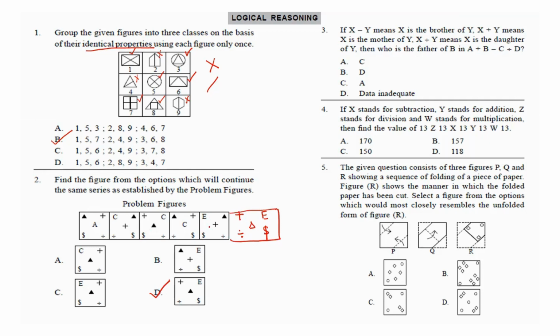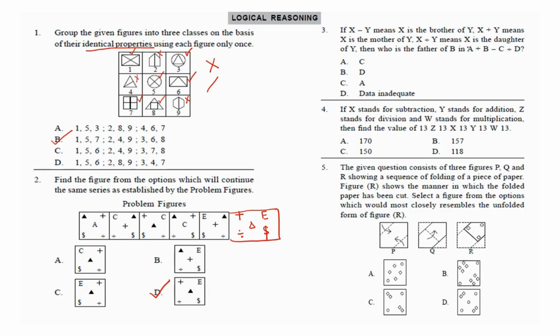Coming to question number 3. The question says, if x minus y means x is the brother of y, x plus y means x is the mother of y, x divided by y means x is the daughter of y, then who is the father of B if A divided by B minus C divided by D?